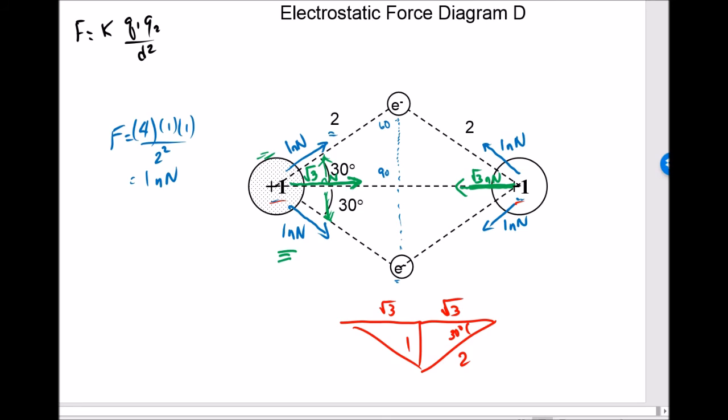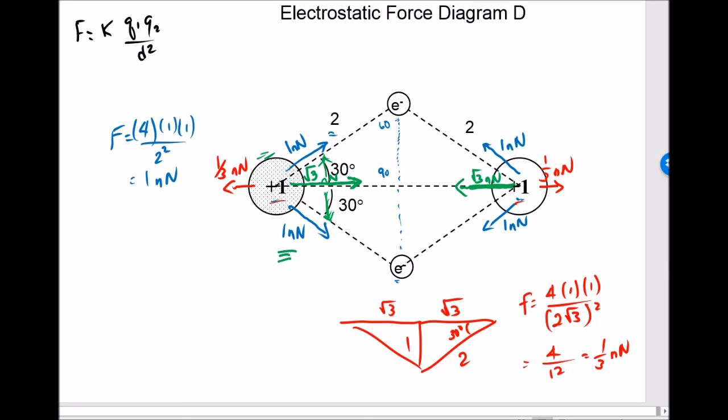So I can calculate the force of repulsion. Force equals K, Q1, Q2 over 2 square roots of 3. That's the distance, square it. And we get 4 on the top and 12 on the bottom, so that's 1/3 is the force of repulsion. 1/3, equal on both sides.